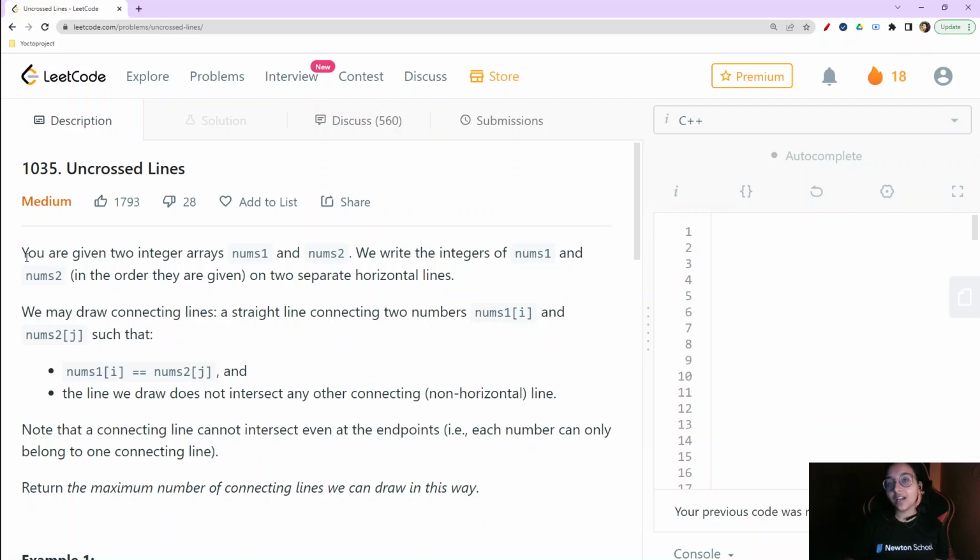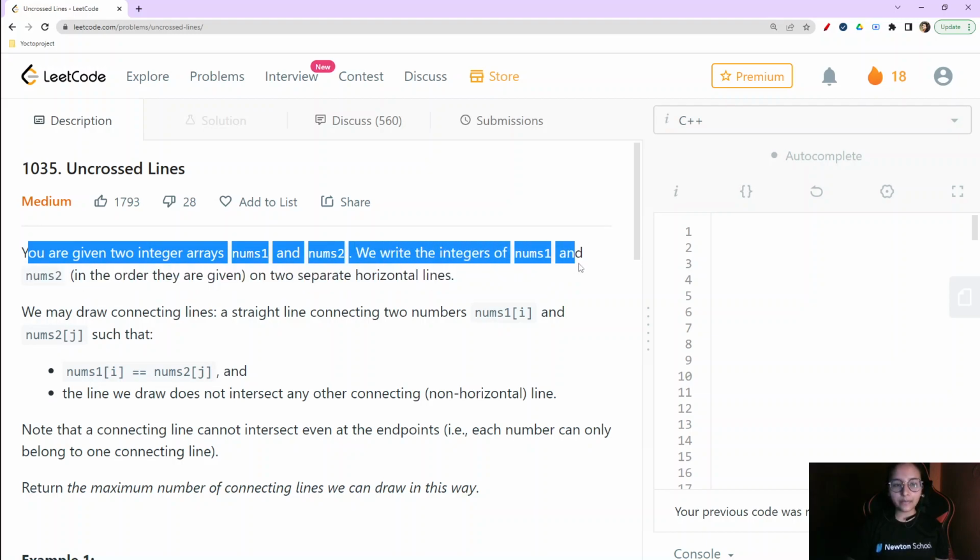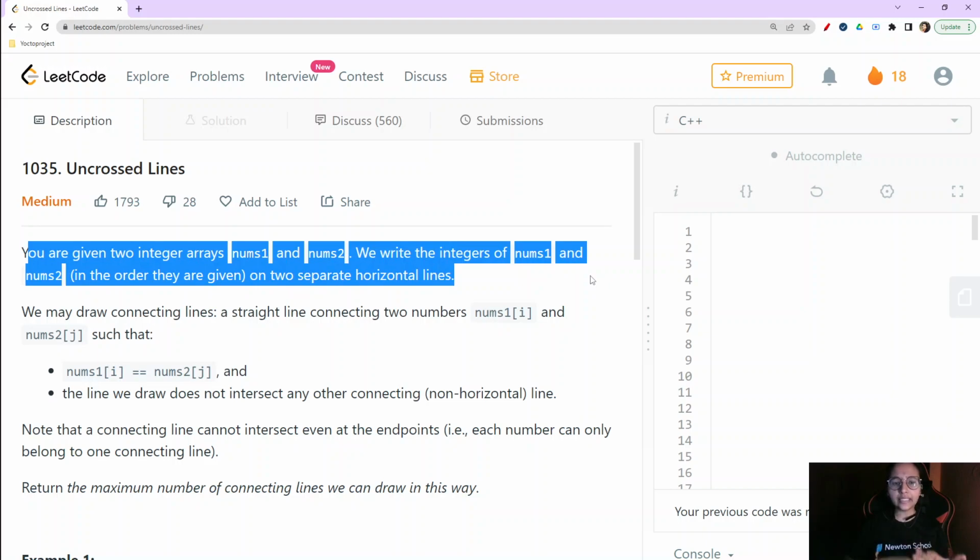So here comes the problem. You are given two integer arrays nums1 and nums2. We write the integers of nums1 and nums2 in the order they are given on separate horizontal lines.